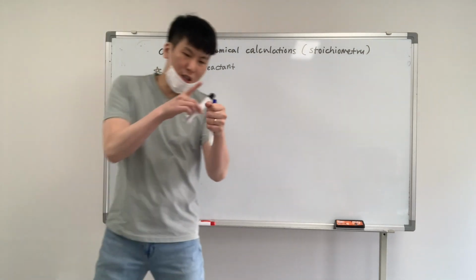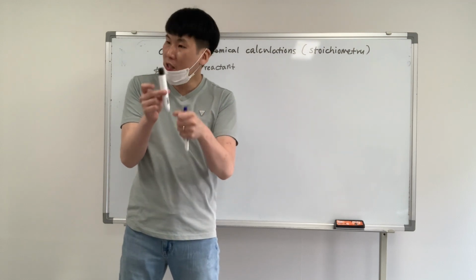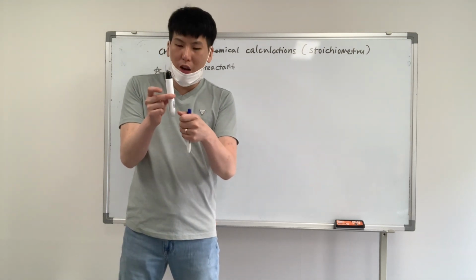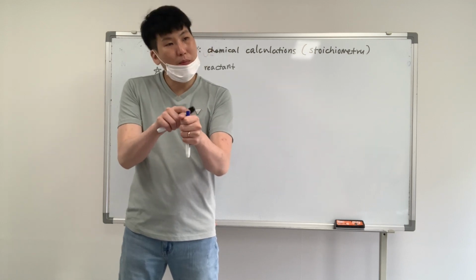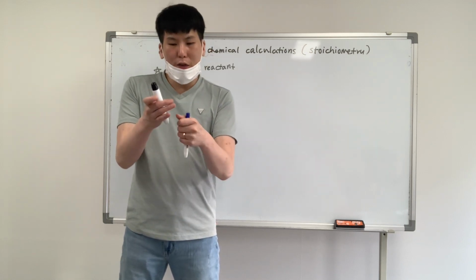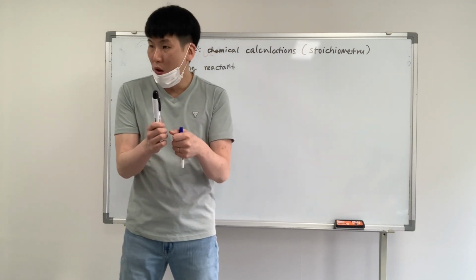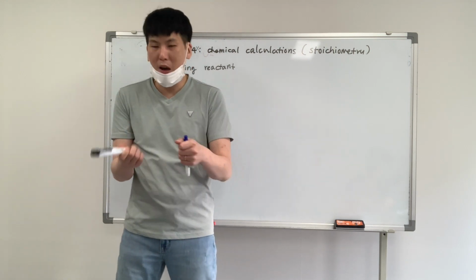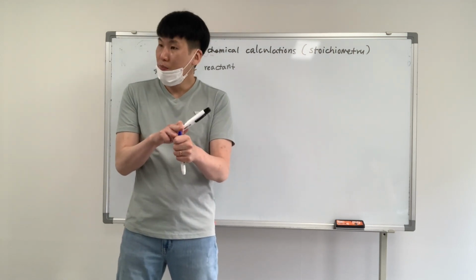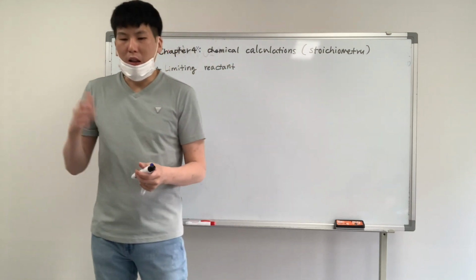When you mix the two, how much green will you get? Only this much. Even if you have a lot of yellow, you can't make more because you only have a limited amount of blue. So it's the same logic.